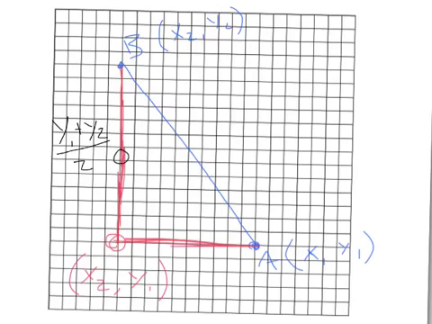If I want the middle point here, I take my x's. So I have my x2 and my x1. I just add those together, and that gives me a middle point here. And if I was to draw a line straight up and down and a line straight left and right, that would give me my midpoint. And there's how I get my x coordinate, and there's how I get my y coordinate.